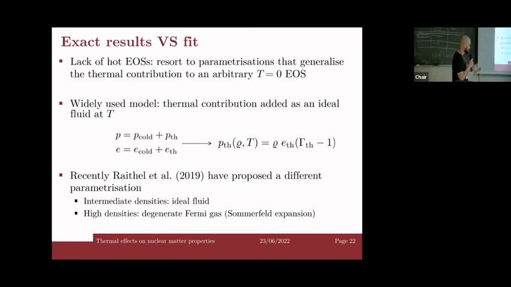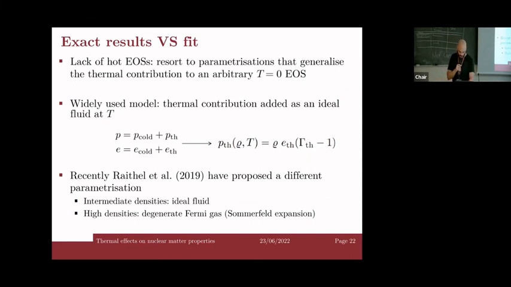So in 2019, a group, Raithel et al., proposed a different parameterization. Instead of working with this ideal fluid parameterization for the whole density range, at intermediate densities they consider this ideal fluid, but at high densities they just consider a degenerate Fermi gas. So it's essentially a Sommerfeld expansion for a degenerate Fermi gas at finite temperature.